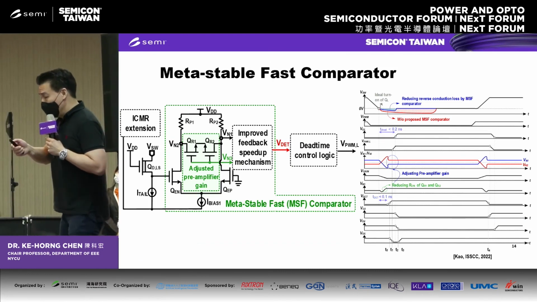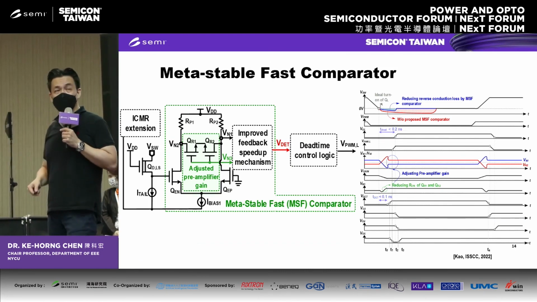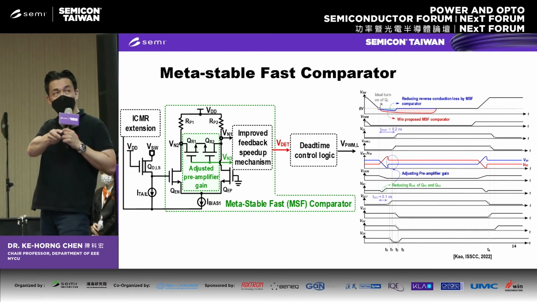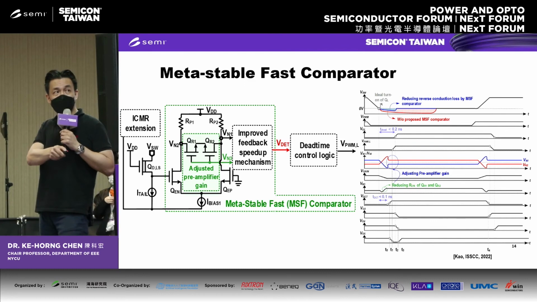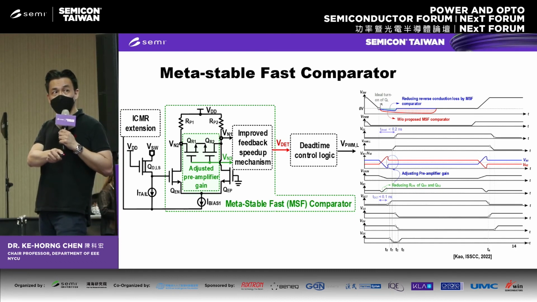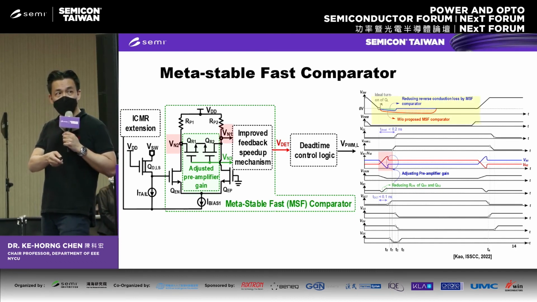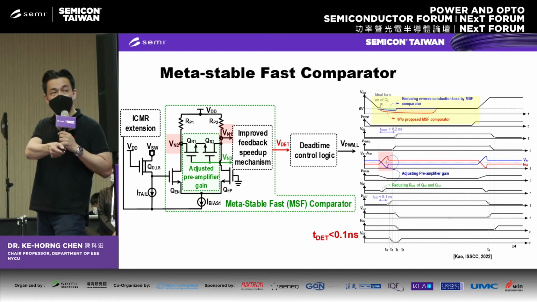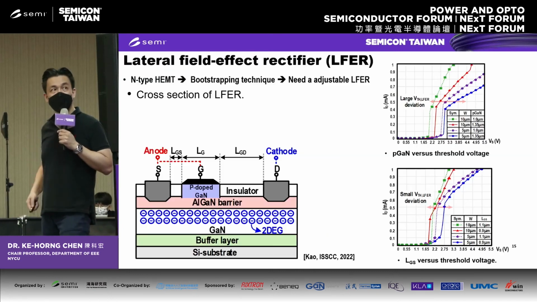If we want to operate it at a higher switching frequency, we need a faster comparator. In other words, we can use N-type GaN to design a metastable comparator. So the result is, based on the metastable condition, we can reduce its response time to less than 0.1 nanosecond.